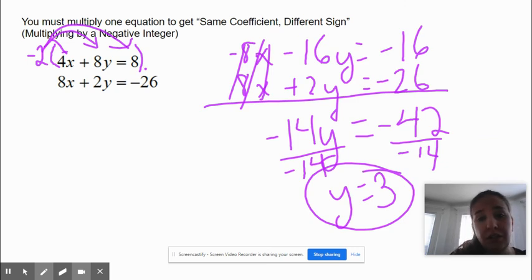So I could just plug that back in and solve it the normal way. Or what I could do something a little different. So because this is sort of a special case, I can remember y as 3.